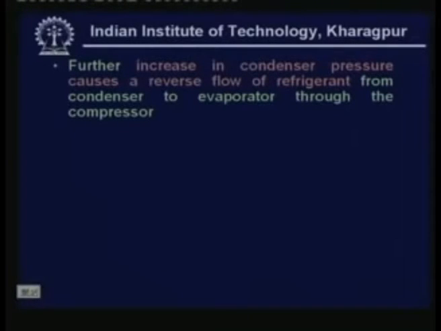Let us see what happens because of this. As I said, further increase in condenser pressure causes a reverse flow of refrigerant from condenser to evaporator through the compressor. Understand clearly why this happens. This happens because unlike a reciprocating compressor, in a centrifugal compressor the pressure rise is almost fixed when you are fixing the tip speed.